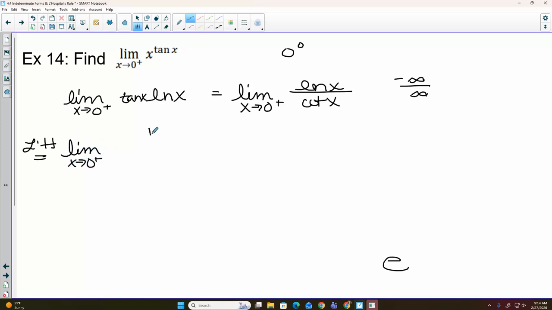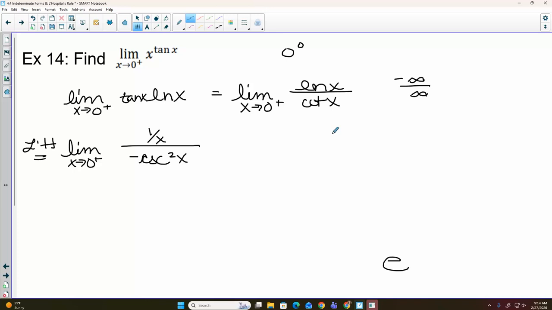The derivative of a natural log is 1 over the argument. The derivative of cotangent: the derivative of tangent is secant squared, so cotangent is negative cosecant squared. All right, if you try to plug in the 0 right now, we're not much better off.